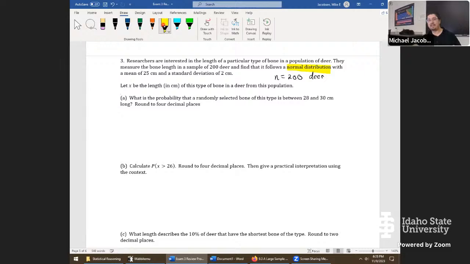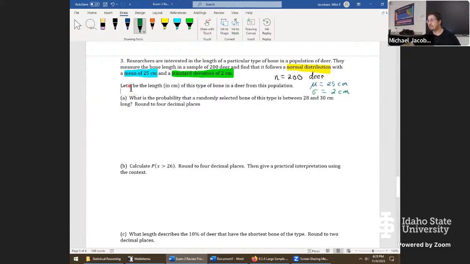I guess they have to say that or else it wouldn't be a normal distribution problem. They tell us there's a mean of 25 centimeters. There's nothing wrong with the information in that format, but it's a good idea to use the symbols we're comfortable with. I would write mu equals 25 centimeters just from that information. Standard deviation of 2 centimeters. So that's going to be sigma equals 2 centimeters.